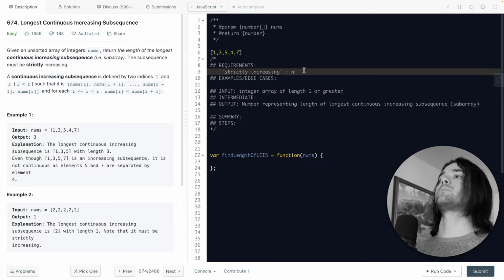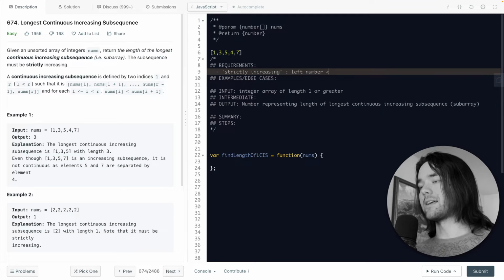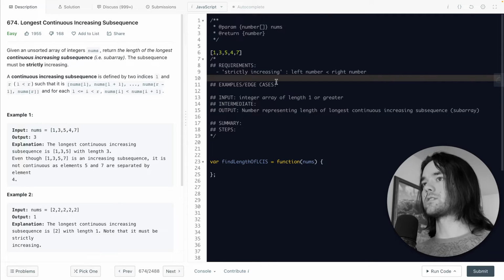The left number must be less than but not equal to the right number in order for it to be considered strictly increasing.